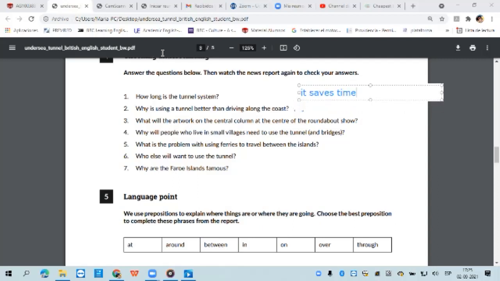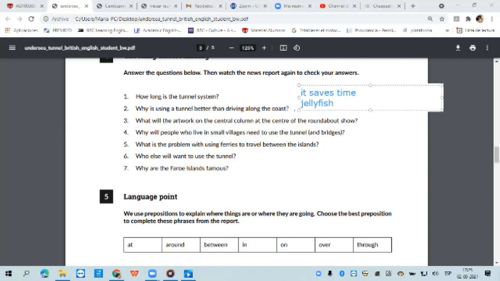Let's see, number 3. What will the artwork on the central column at the center of the roundabout show? Jellyfish, yeah, they look like a jellyfish. What is a jellyfish? Medusa.